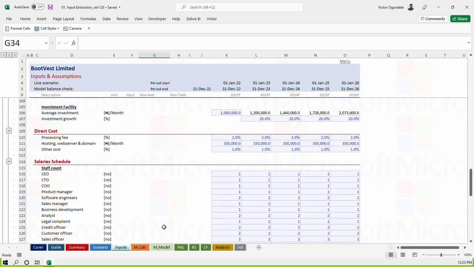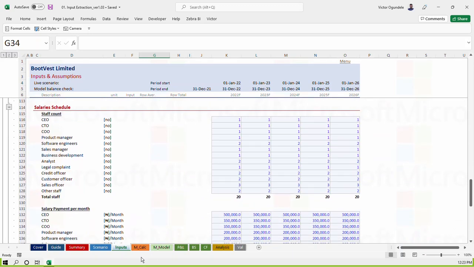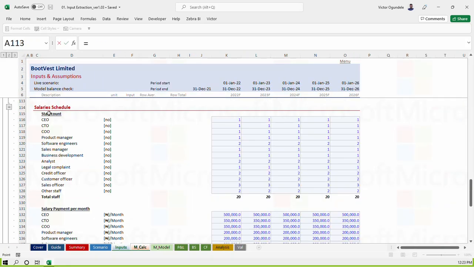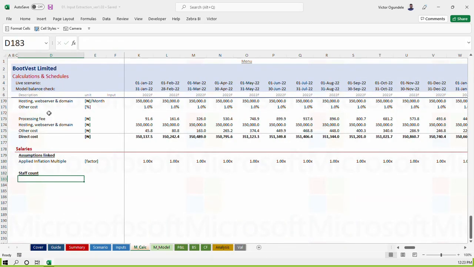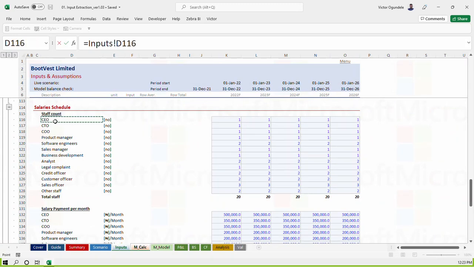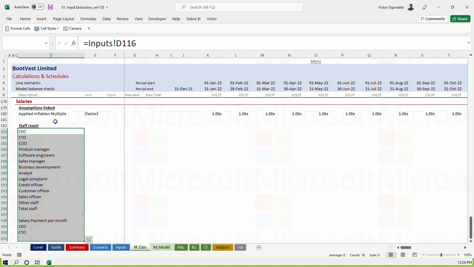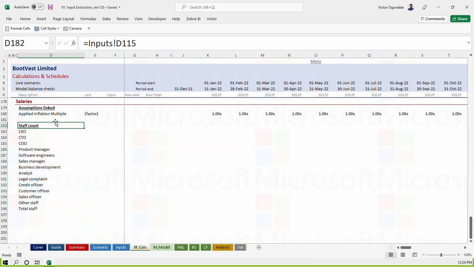So for our salary schedule, let's look at our salary schedule. Because I love at least my model to be very transparent, let's bring everything here. Let's bring it down, just for transparency's sake. Right.